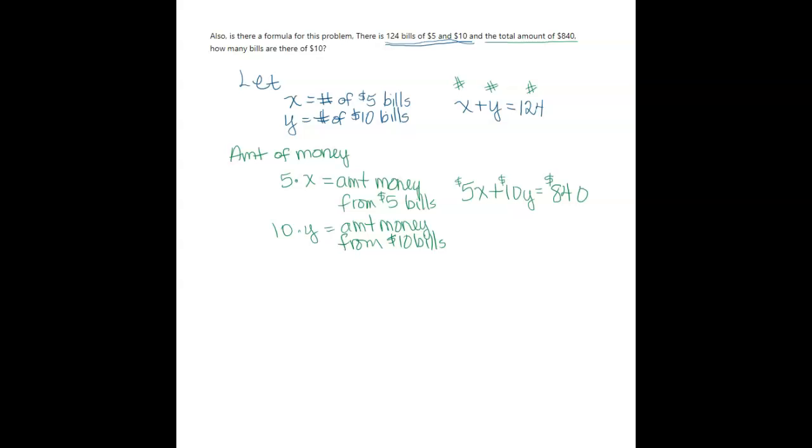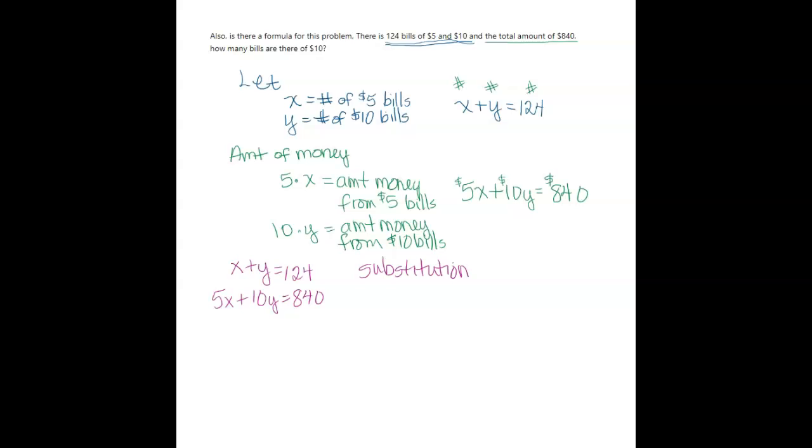Now that we have our two-equation system, we're going to solve it. We have a couple of ways of solving it. The easiest way may be by substitution. So I'm going to write my two equations over here as x plus y equals 124, and 5x plus 10y equals 840. For substitution, we take one of these equations, it doesn't matter which one, and solve for a variable.